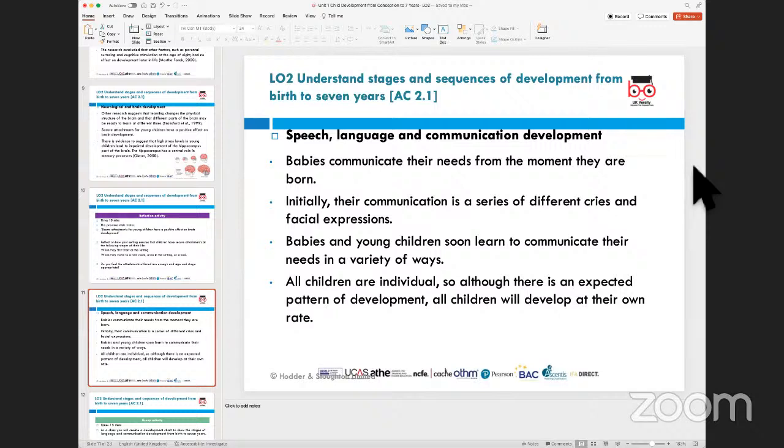After babbling, they progress to imitating sounds, the words that they hear. They start repeating those words after the parents or caregivers, or if they are in a creche or a nursery, they repeat some of these words.